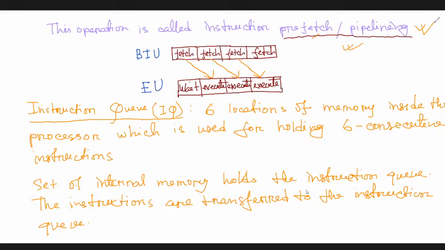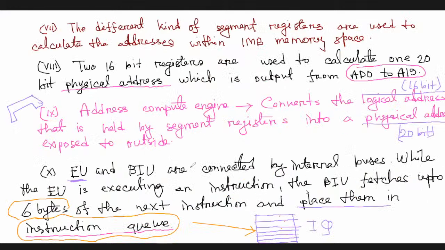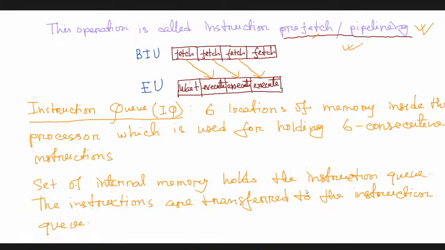This operation is called instruction prefetch or pipelining. The EU and BIU are connected by internal buses. While the EU is executing an instruction, the bus interface unit fetches up to 6 bytes of the next instruction and places them in the instruction queue. This operation is called pipelining or instruction prefetch. Why do we need it?